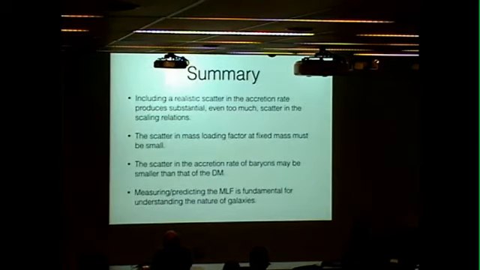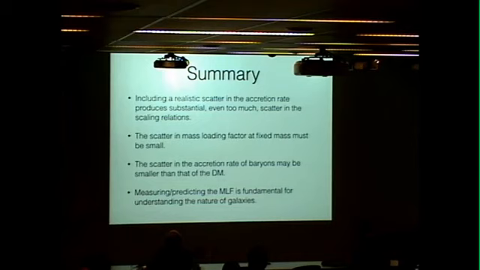Okay, so my summary is: including a realistic scatter in the accretion rate can produce a substantial scatter in the star-forming main sequence and these other scaling relations, and maybe even too much. The scatter in mass loading factor at fixed mass has to be small to avoid a not observed correlation between the star formation rate and the metallicity.